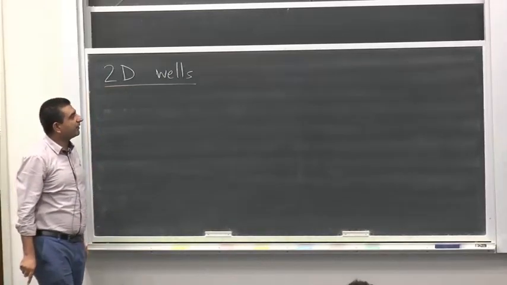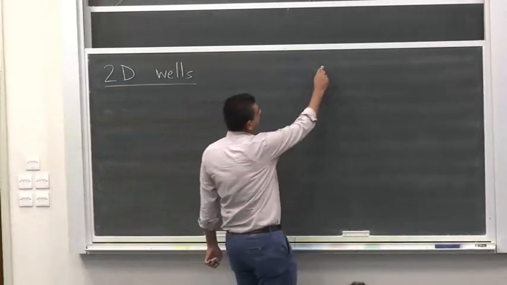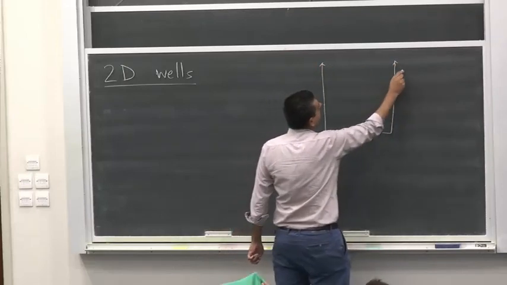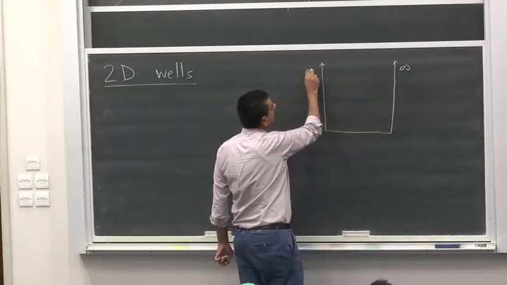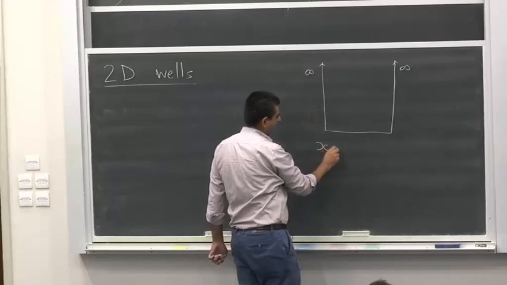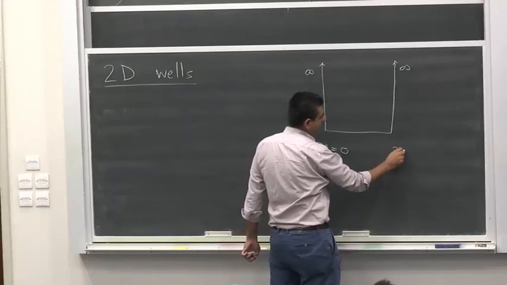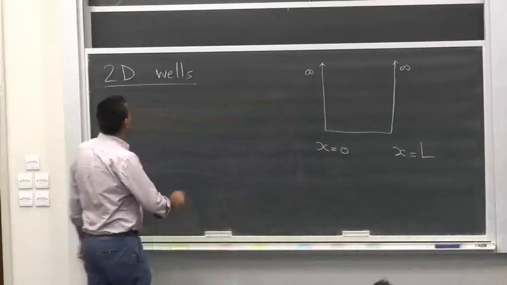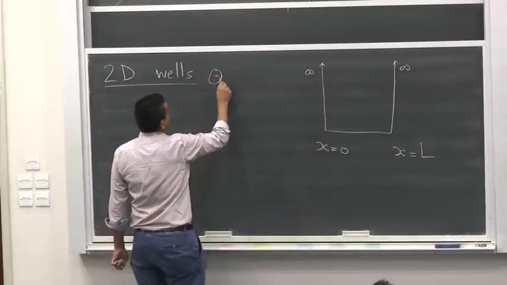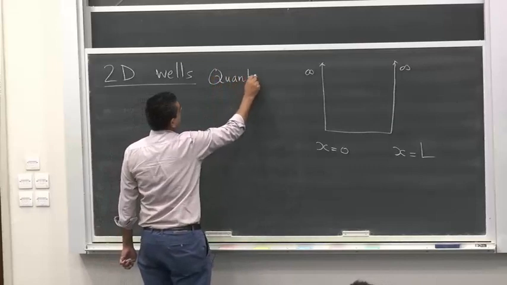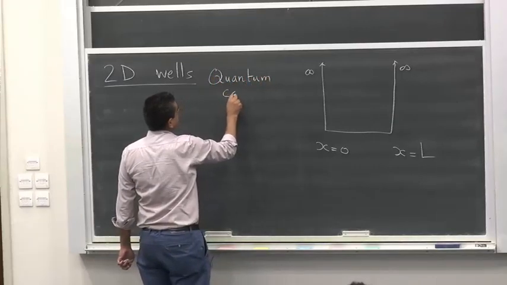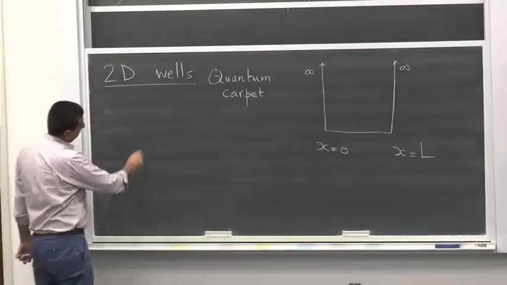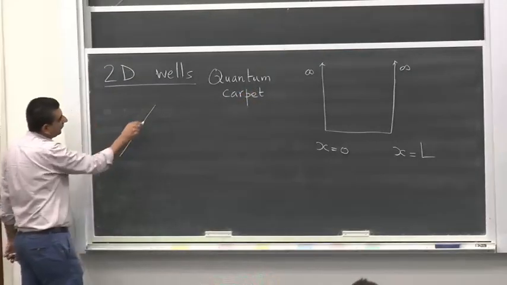Suppose instead of having a one-dimensional infinite well, I instead have a quantum carpet, in which I have the following configuration.